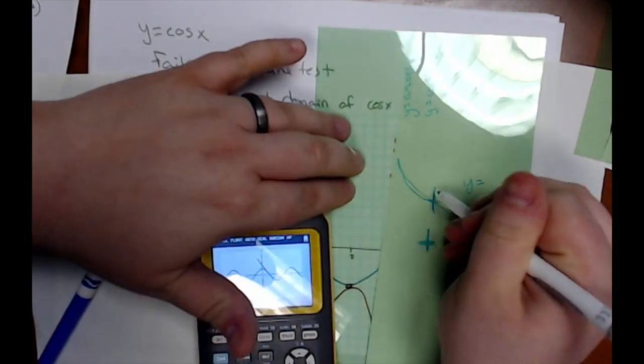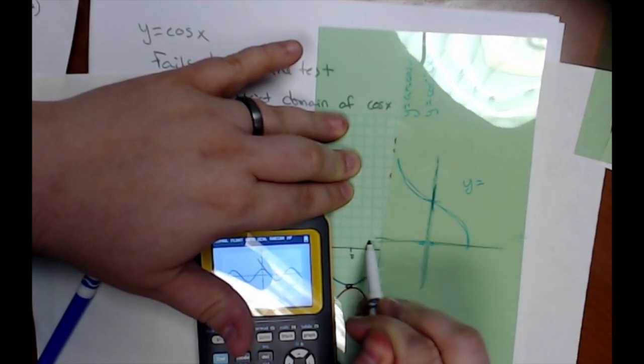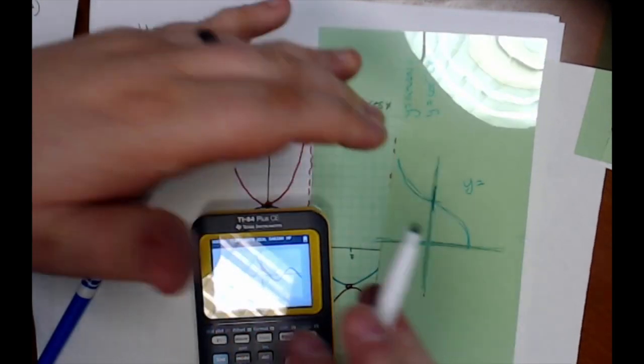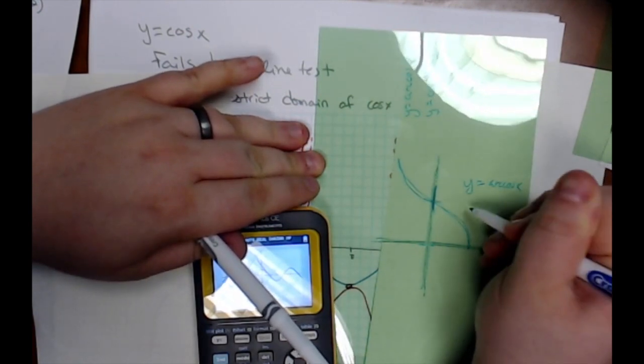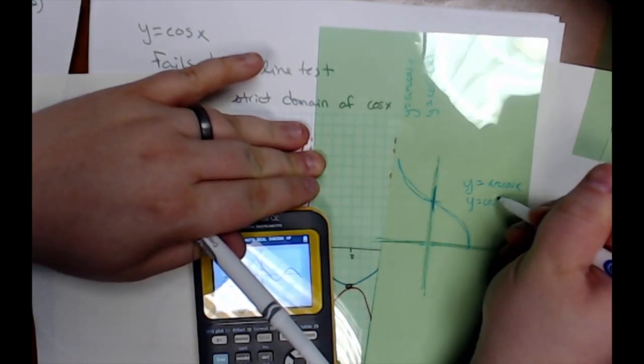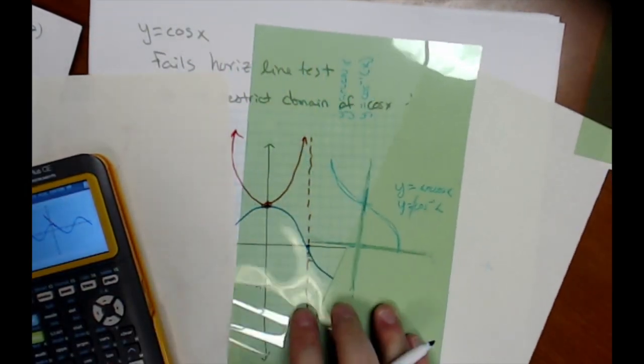And now let me put in the actual grids. That's y equals arc cos of x, or y equals cos inverse of x. And so, right, why did that happen?